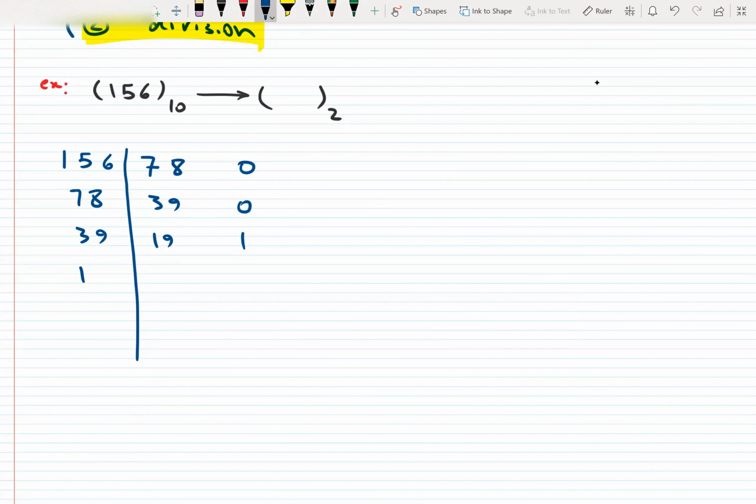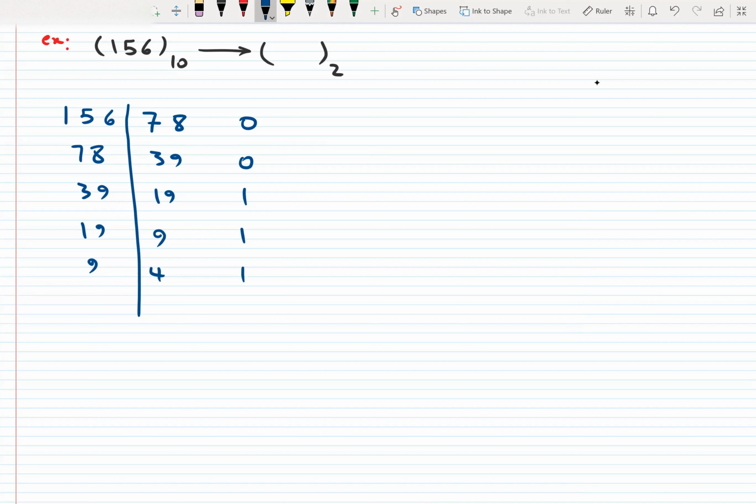The remainder is 1. 9 divided by 2 is 4. Remainder is 1. 4 divided by 2 is 2. Remainder is 0. 2 divided by 2 is 1, and the remainder is 0.